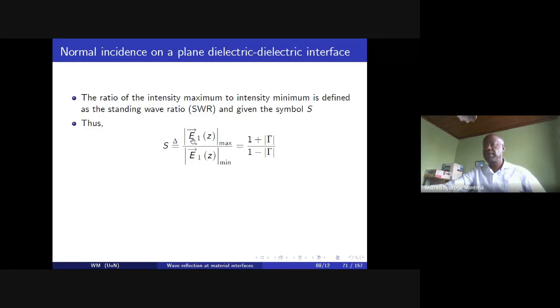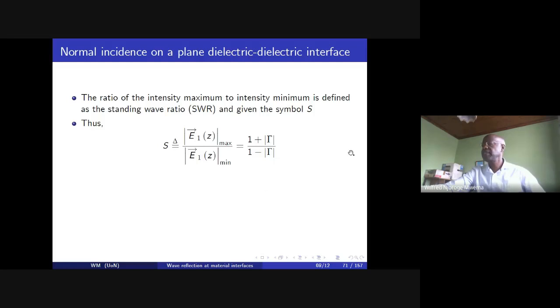And since E1 is proportional to the voltage, this can also be seen to be the voltage standing wave ratio. If you are asked to get it using the magnetic field intensity, we see that it will be the opposite, it will be minus of this value here. And that's the one you call the current standing wave ratio.